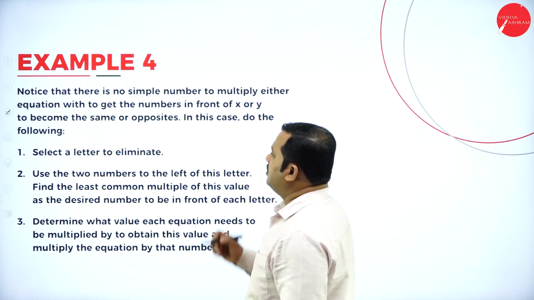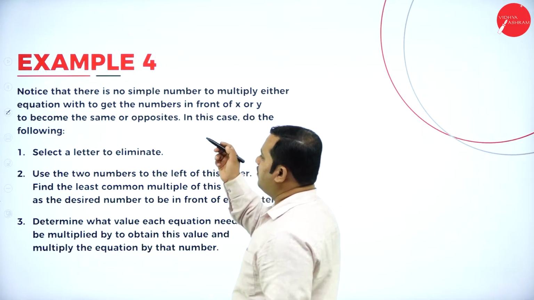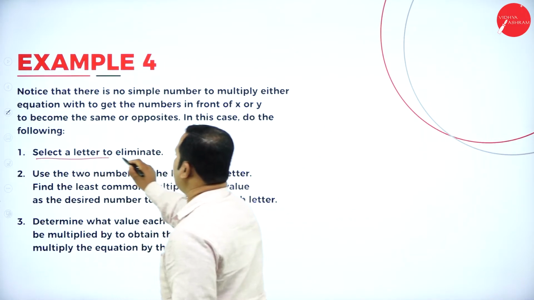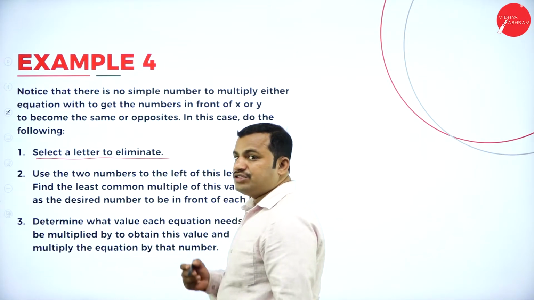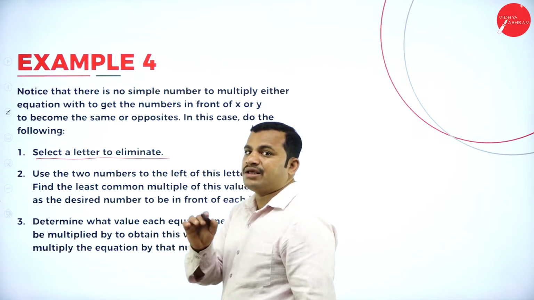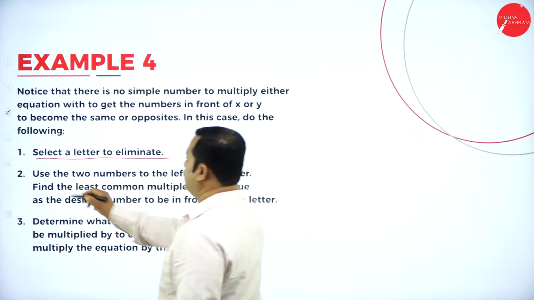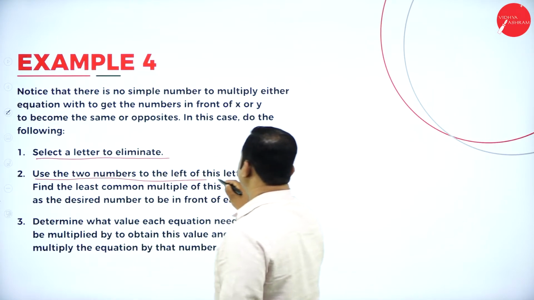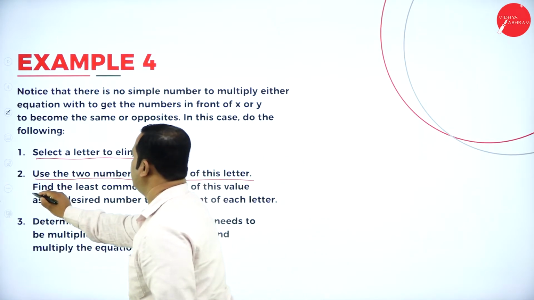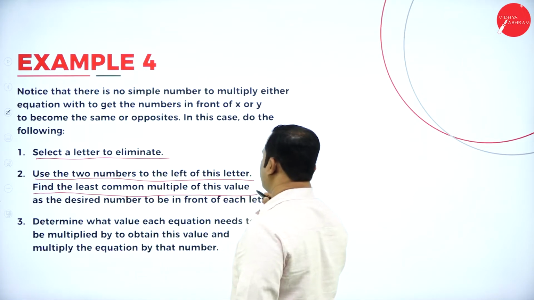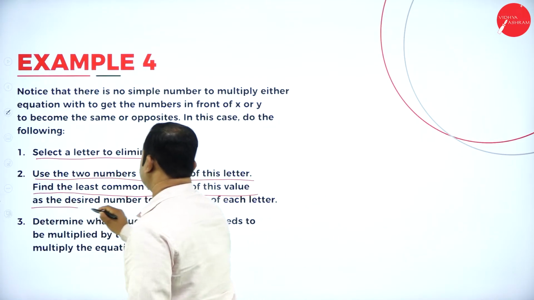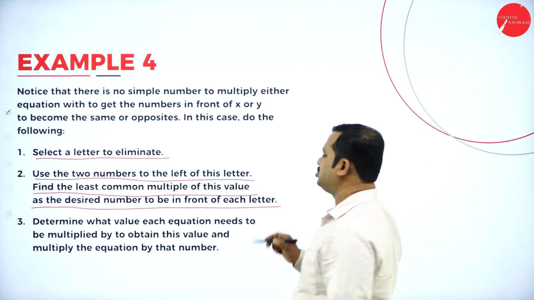See here, we are using these steps: select a letter to eliminate, which is the letter you are going to eliminate, either x or y. Then use the two numbers to find the least common multiple of this value as the desired number to be in front of each letter.